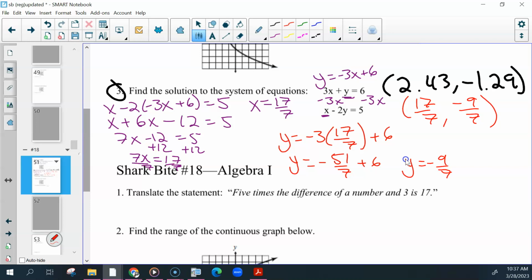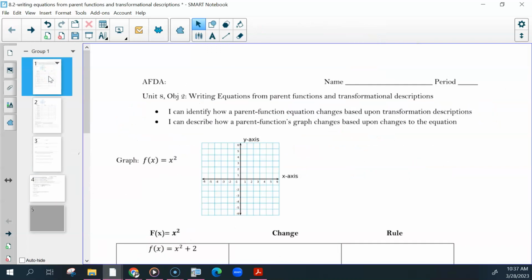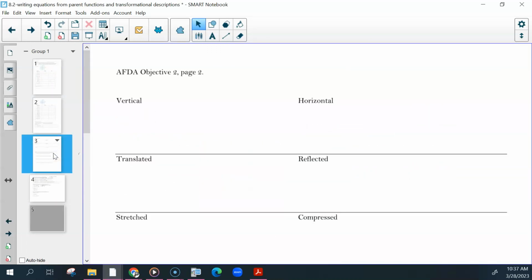If you have not already, go ahead and pick out your notes from last class. The ones that look like this. But then find this page. So we talked a lot about different transformations last class.